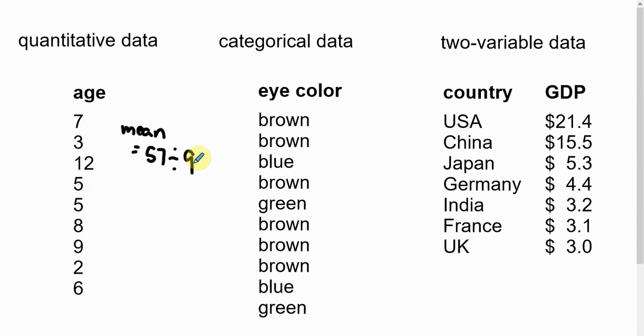So 57 divided by 9 is 6.3. So the mean or average of these numbers is 6.3. And the idea is that's kind of the typical number, right? And you can see some are higher, some are lower. In fact, how many are lower? This one, this one, this one, and this one. 4 are below the mean, and 1, 2, 3, 4, 5 are above the mean.